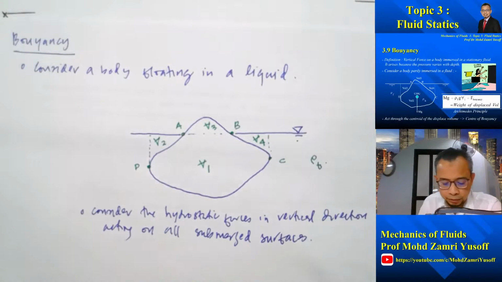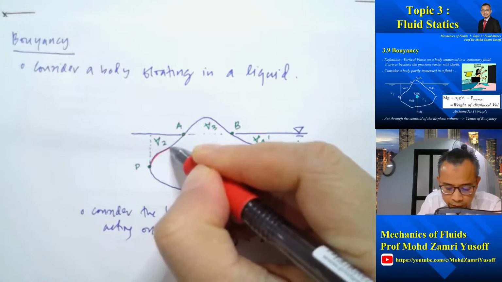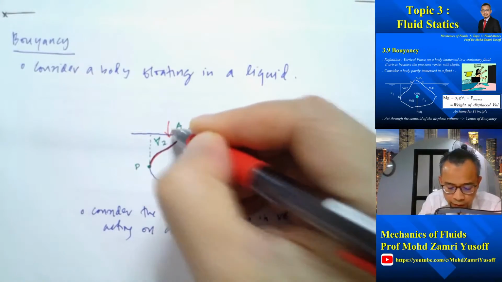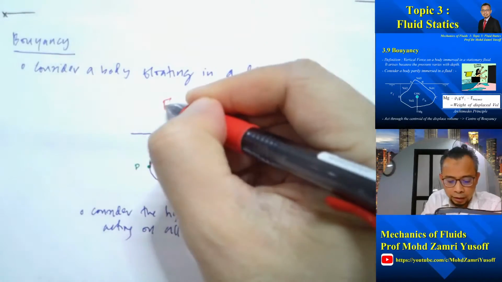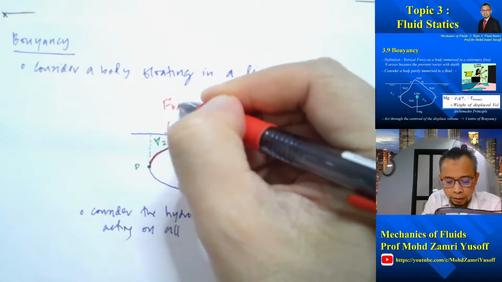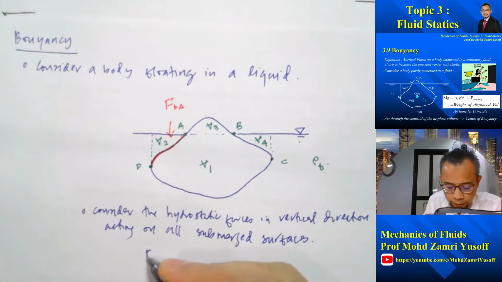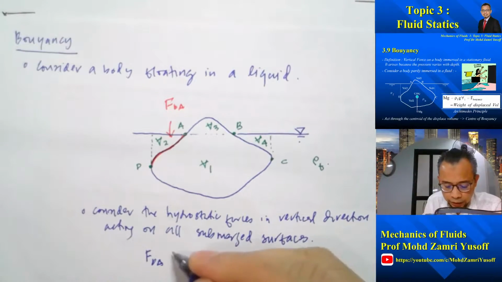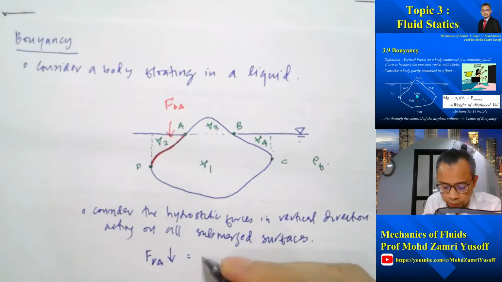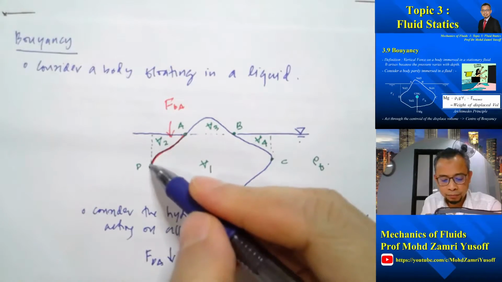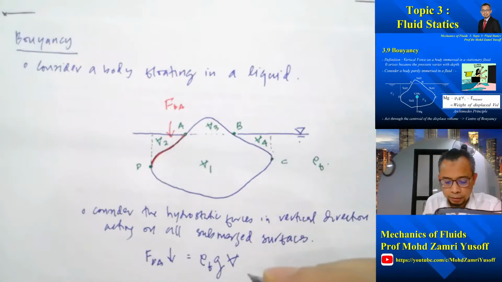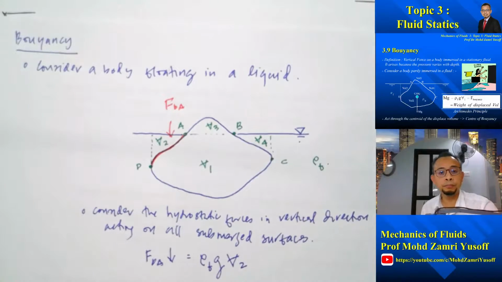The force acting on this surface here will be acting downward. I call that F_DA. F_DA, which is acting downward, will be equal to rho_f g V2, where V2 is the volume above the surface.